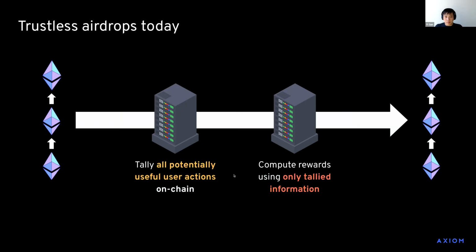And just to give one more example that I'm pretty excited about, if you look at airdrops today, if you want to make airdrops fully trustless, namely not dependent on the actions of a centralized team or token distributor, what you actually need to do is tally all potentially useful user actions on chain. What that means is that when you deploy your smart contract, you need to know the space of actions that you might later want to reward or incentivize, and track for each user the extent to which that user actually took those actions.